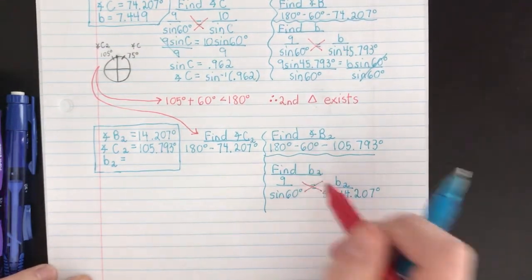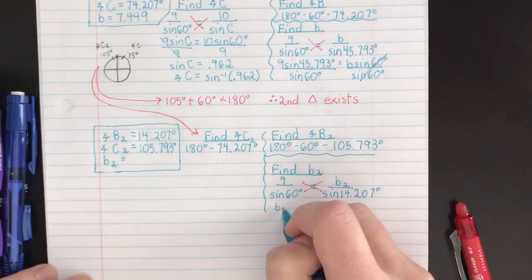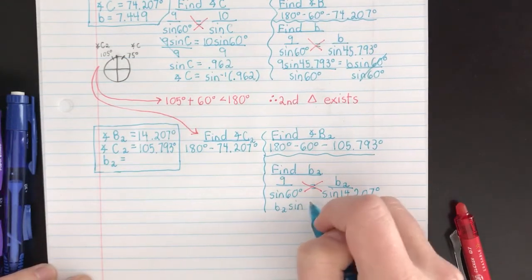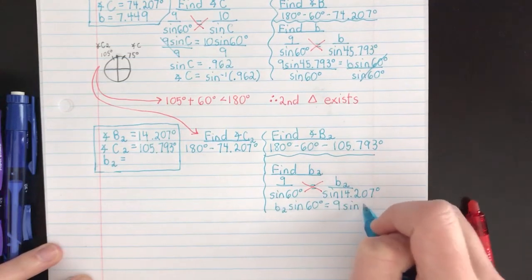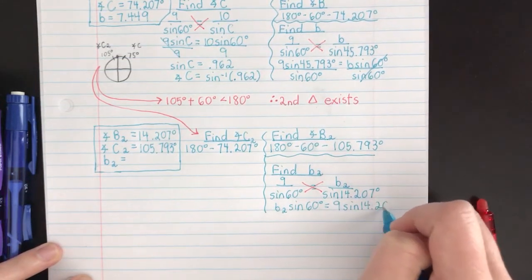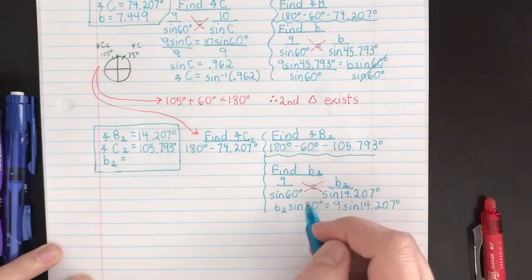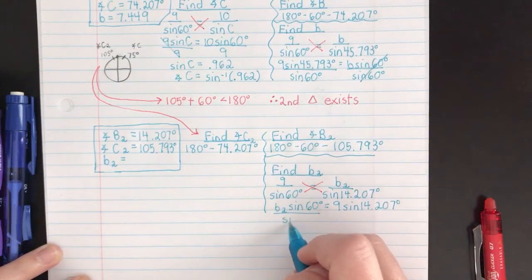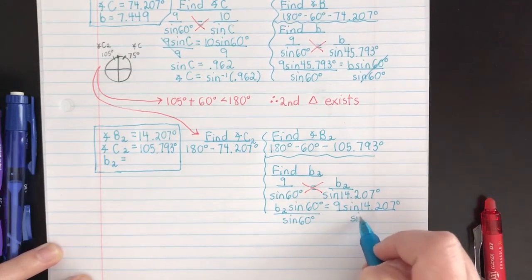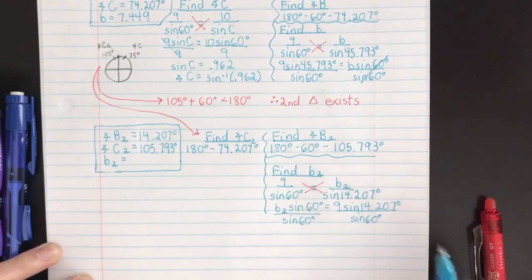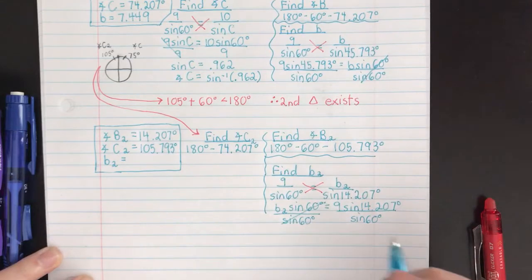Then we cross multiply. B2 times sine of 60 degrees equals 9 times sine of 14.207 degrees. We want B2 completely by itself, so divide by sine of 60 degrees on both sides. And then, of course, we get B2.